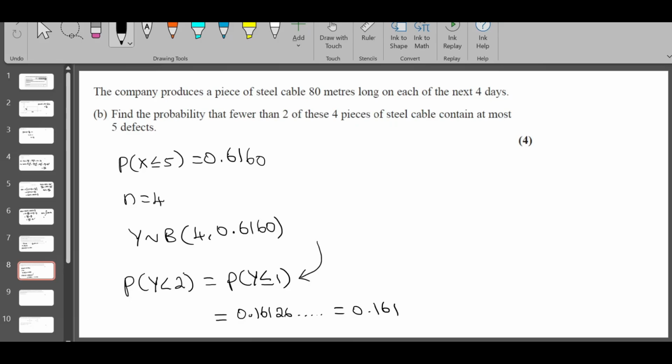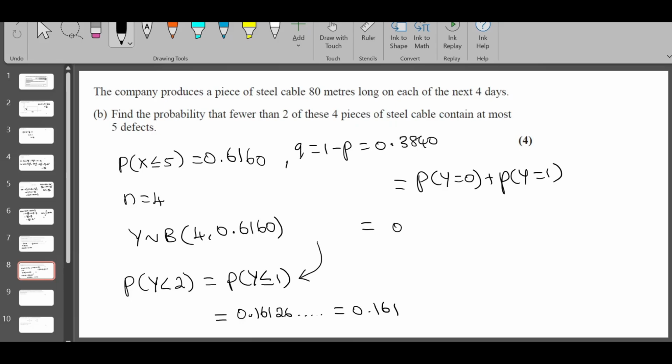So you have to write it as Y is equal to 0 plus Y is equal to 1. If Y is 0, nC0, p power 0. So nC0 is 1, p power 0 is 1. Just q power, q is 1 minus p, which is 0.3840.